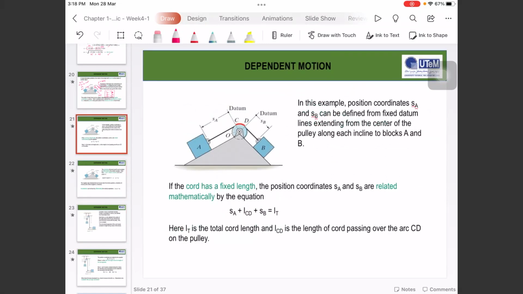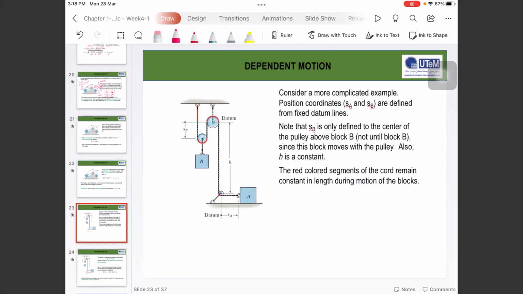Note that SB is only defined to the center of the pulley above block B, not until block B, since the block moves with the pulley. Also H is constant. The red color segment of the cord remains constant in length during motion of the block. So untuk selesaikan masalah ini, kita kena define which cord yang tak berubah panjang dia.